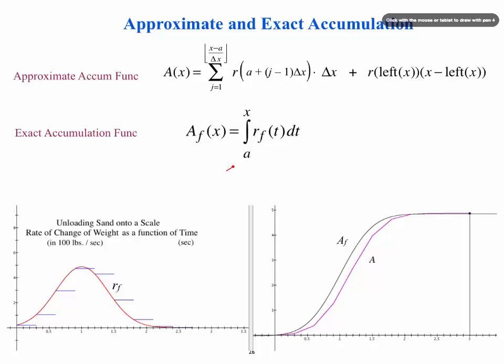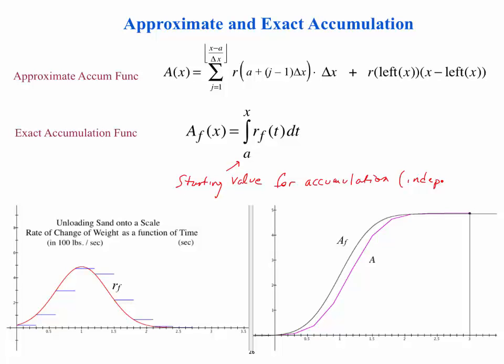The starting value of our independent variable at which we're going to start accumulating. Okay, so make sure you know that's not an amount of accumulation. That's the initial value of the independent variable at which we're going to start accumulating.